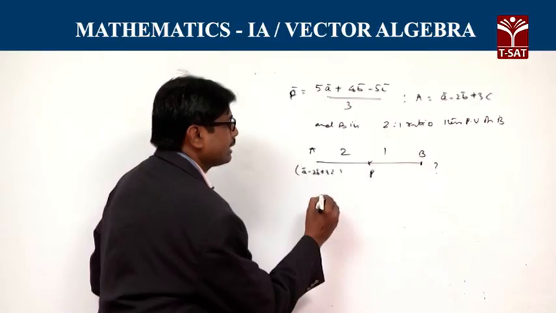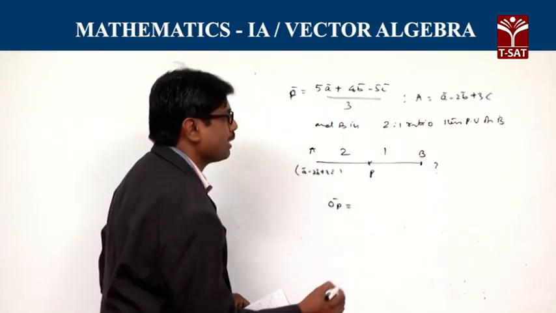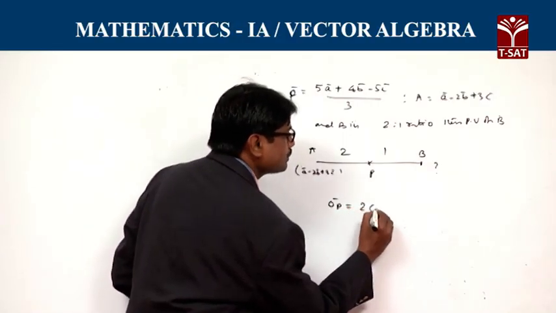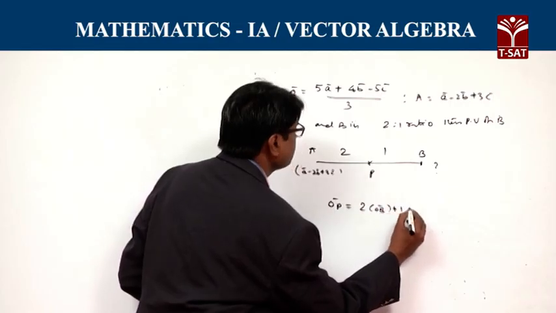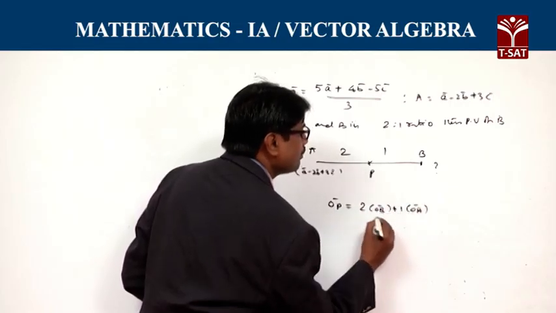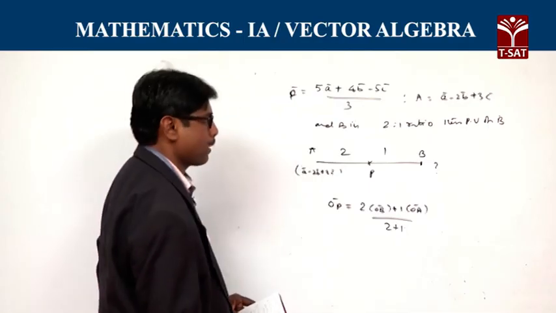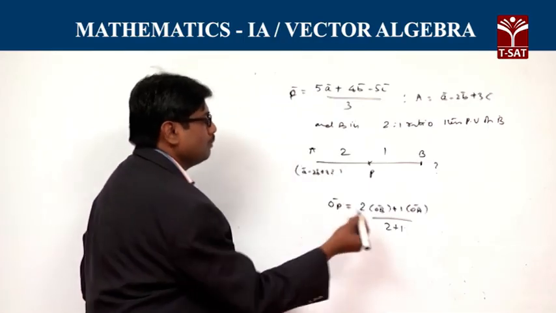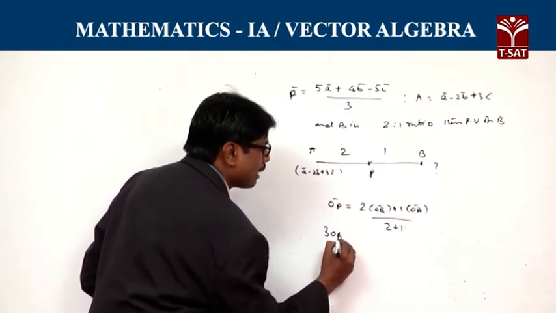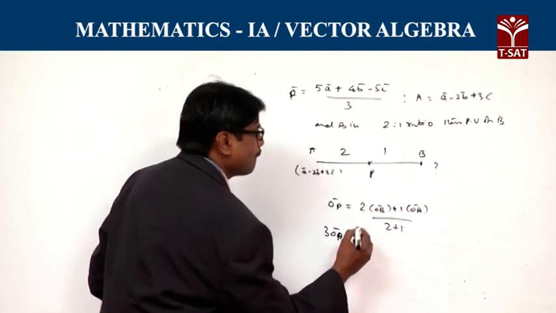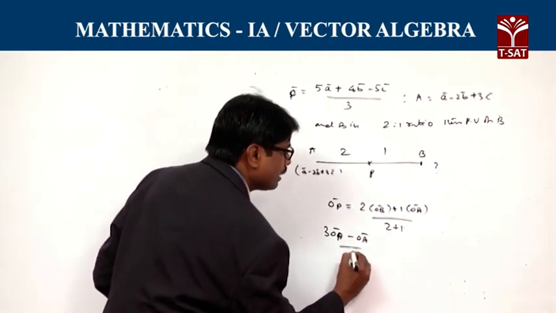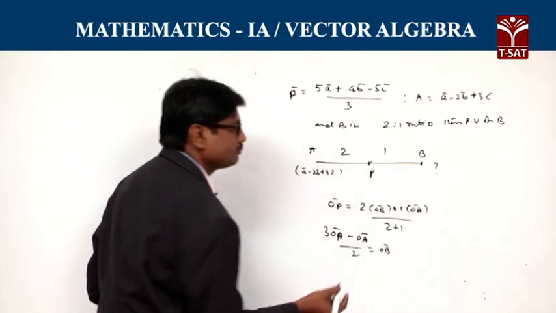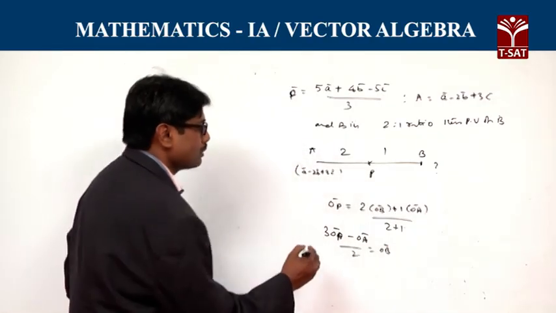So, according to the section formula, OP bar is equal to 2 times of OB bar plus 1 times of OA bar divided by 2 plus 1. So, 3 times of OP bar minus OA bar divided by 2 is equal to OB bar according to the section formula.